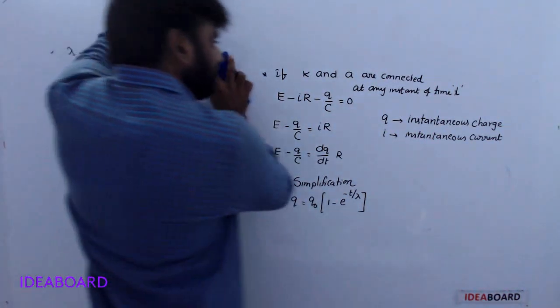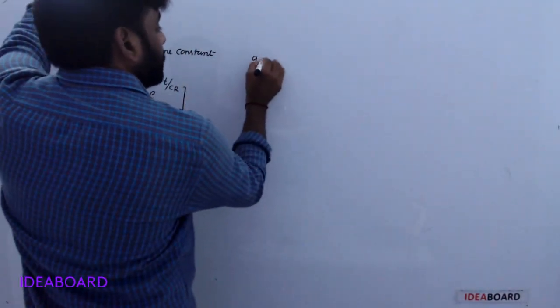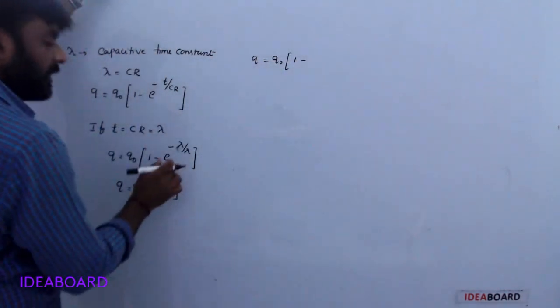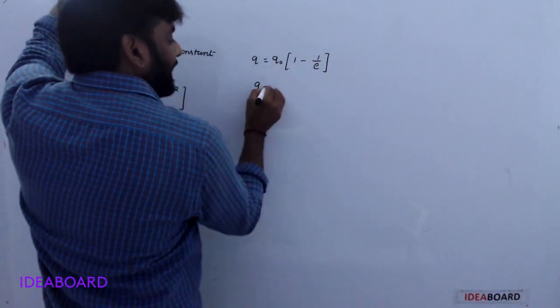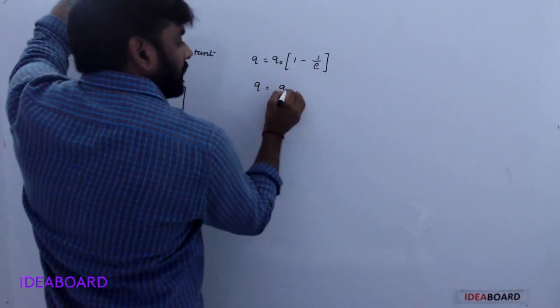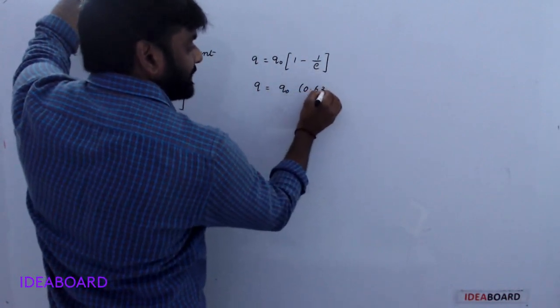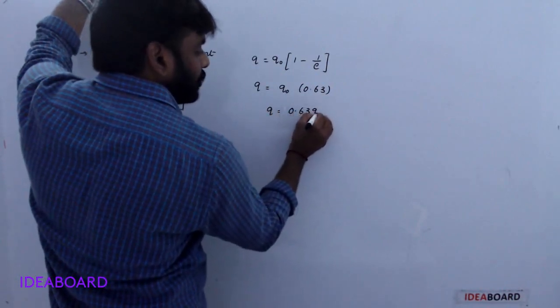Now Q is equal to Q naught into 1 minus e power of minus 1, which is 1 minus 1 by e, whose value is 0.63. Q is equal to 0.63 Q naught.